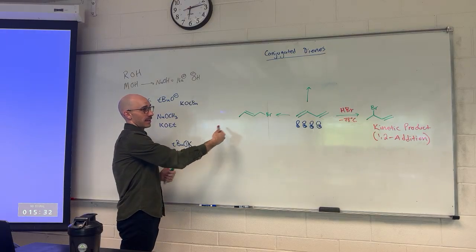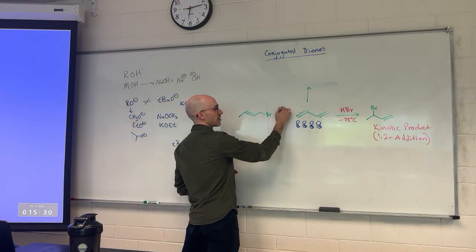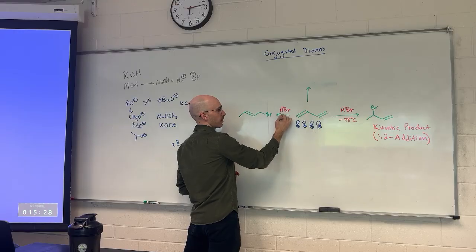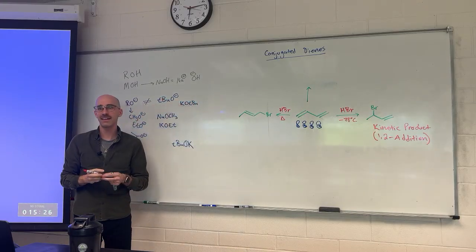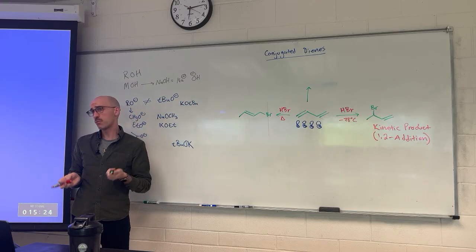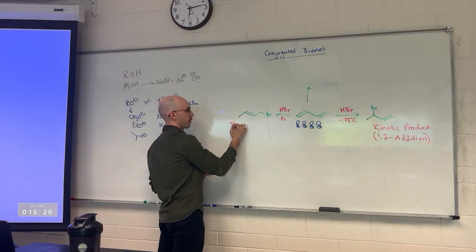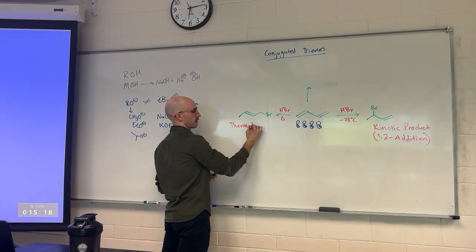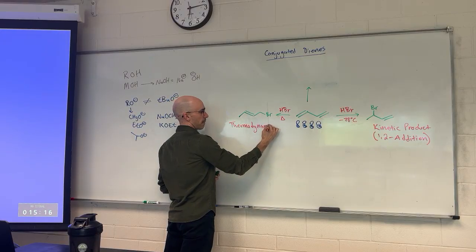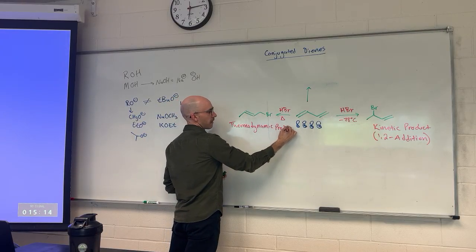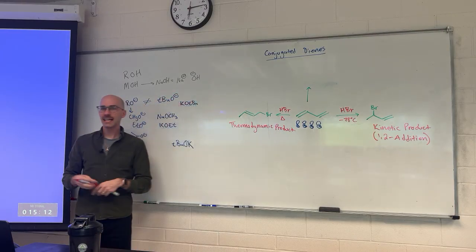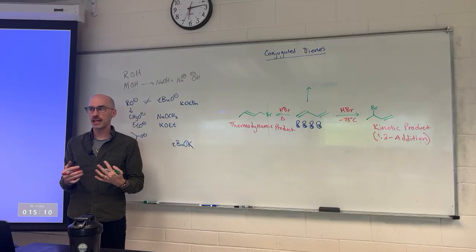If I want the product on the left, I'll run HBr, but I'll provide it with more heat. And in this case, heat might just be room temp. We call this the thermodynamic product. Thermodynamic means heat and change.